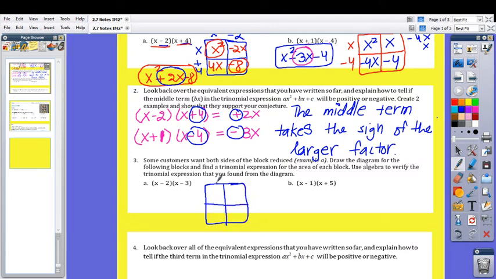We have x take away 2, x take away 3, so that will be x squared, take away 2x, take away 3x, and then negative and negative gives you positive. 3 times 2 is 6, so it will be x squared, and then negative 3x and negative 2x gives you negative 5x, and then plus 6.